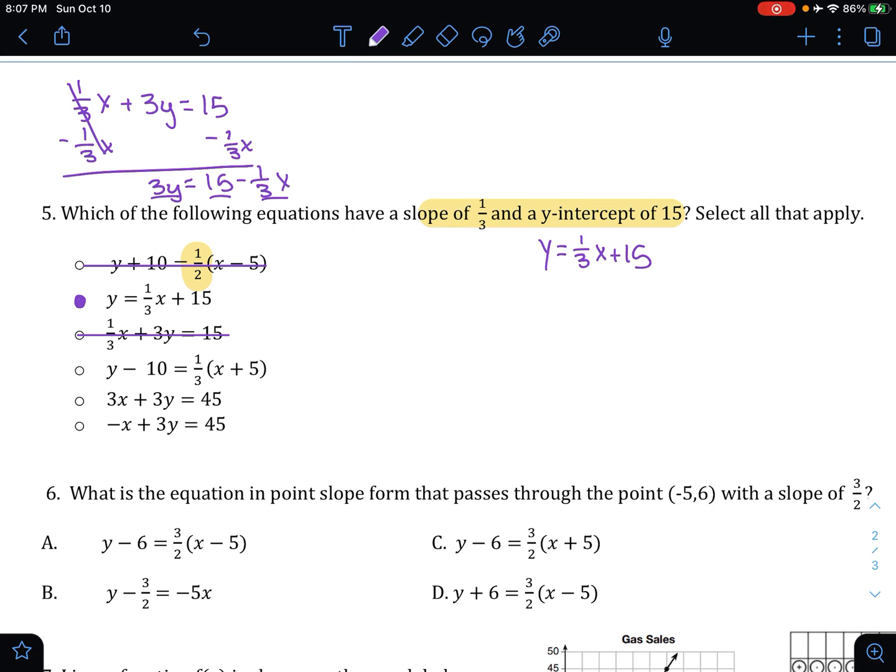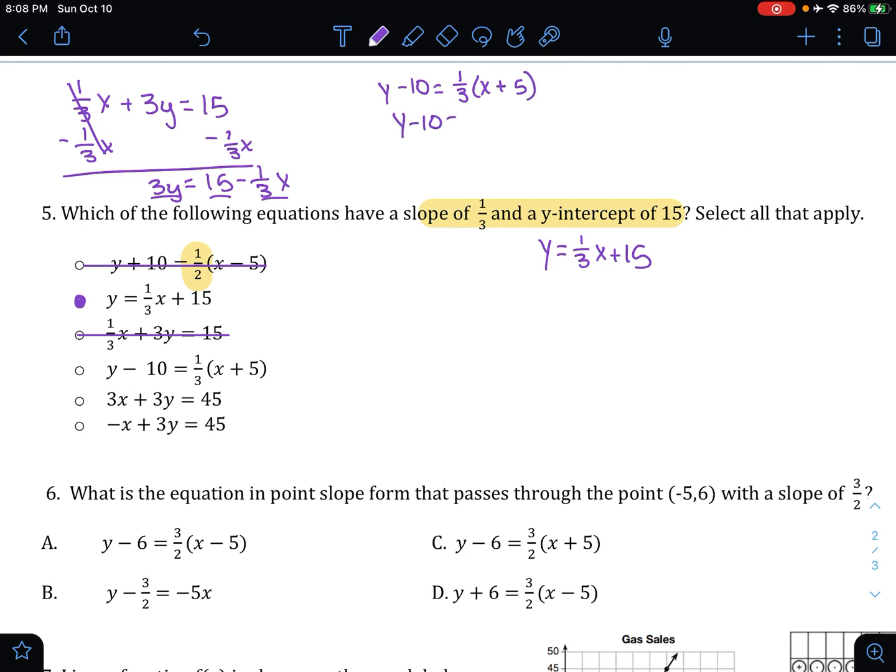We have y minus 10 equals 1/3 x plus 5. So again, in order to tell if this is the same equation, we would have to solve for y. So let's solve for y. We have y minus 10 equals 1/3 x plus 5.